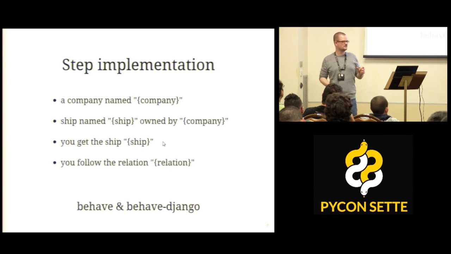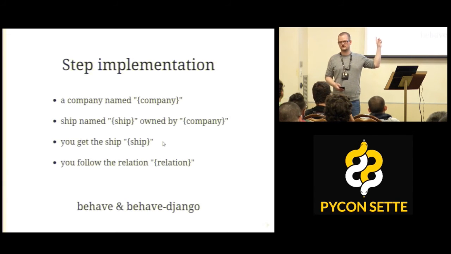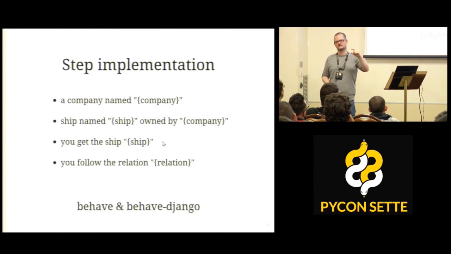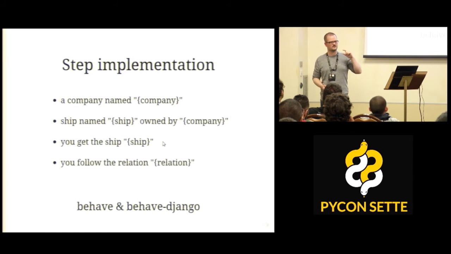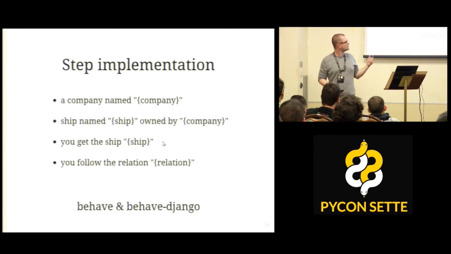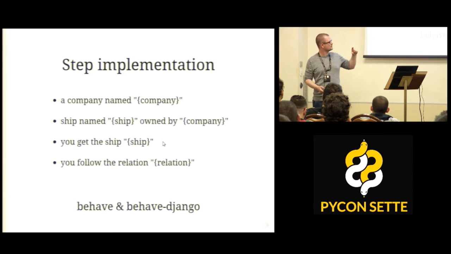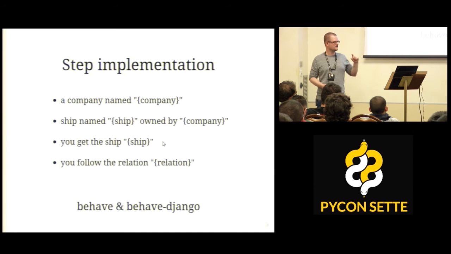So you implement these strings with variables in them, and you get little functions that implement one little step. You can view the source code. It's really very small pieces of Python, which really speak for themselves, very easy to implement.